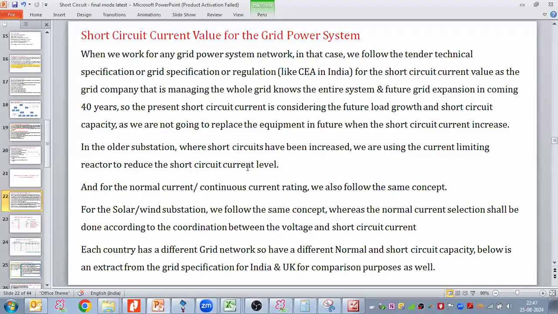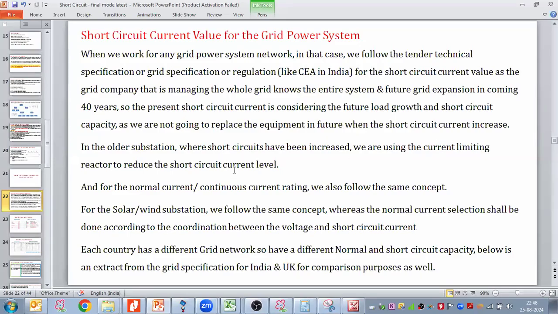In older substations where the short circuit current has increased, we are now using current limiting reactors to reduce the short circuit current level. We do this in older substations because we cannot replace all the equipment and switchgear there. So we put in one current limiting reactor and reduce the short circuit current.